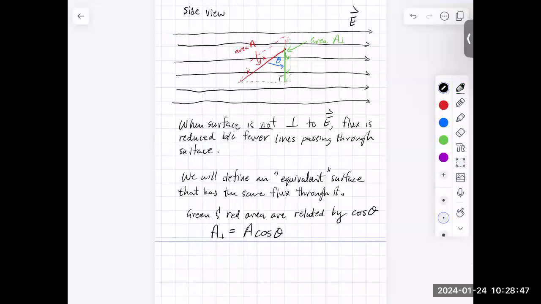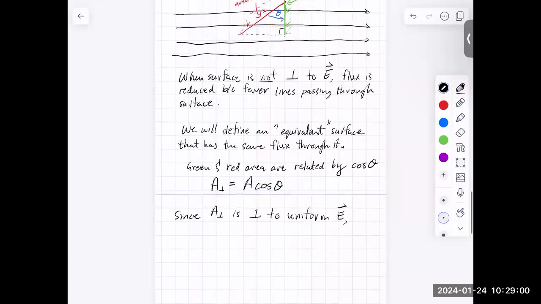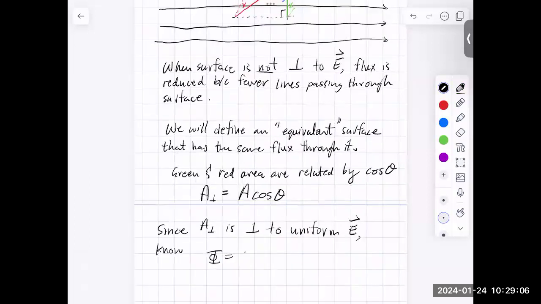So since A perpendicular is perpendicular to a uniform electric field, we know that phi is equal to E times A perpendicular.